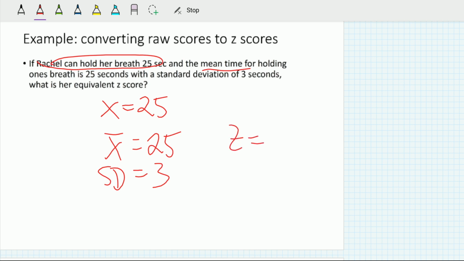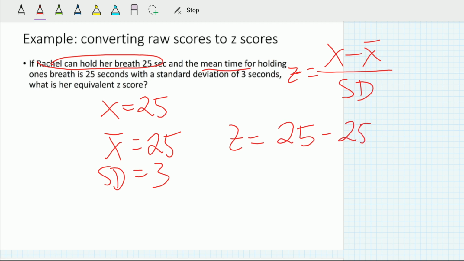If you notice, the equation is not on here. You don't have to memorize it, but have it written down all the time. It's this one right here. I basically have it memorized because I've been using it throughout. So the z-score is equal to your score minus the average, over the standard deviation. What we get there is 0 divided by 3.